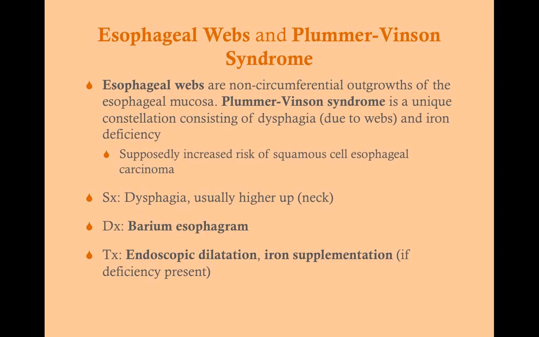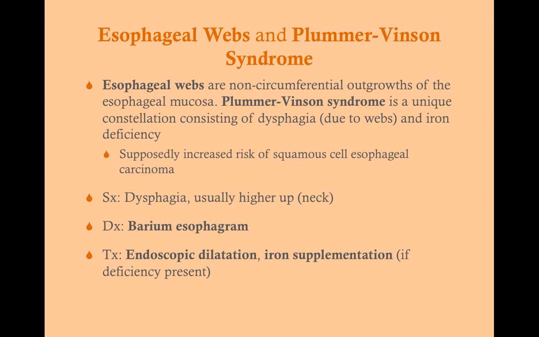Okay, so what if we do have webs rather than rings? So esophageal webs, as I just mentioned, are non-circumferential outgrowths of the esophageal mucosa. And then a particular disorder that features esophageal webs is Plummer-Vinson syndrome. So this will be a patient who has multiple webs and also has an iron deficiency.